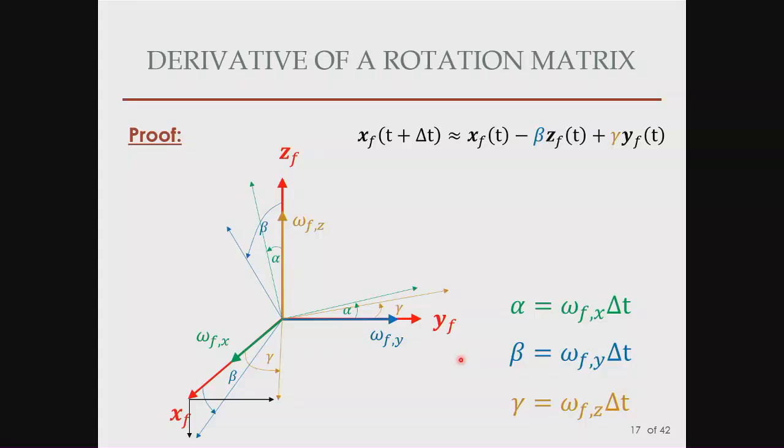So this is the summation I'm doing at the top. I start with the original x, then beta in the negative z, so minus beta z, and then plus gamma y. I will arrive at the new orientation of xf after delta t time.